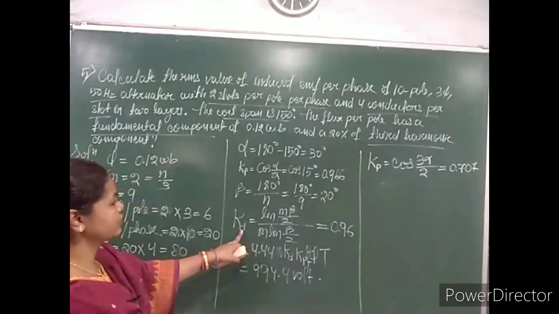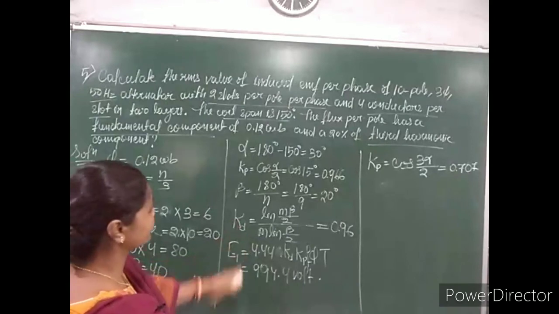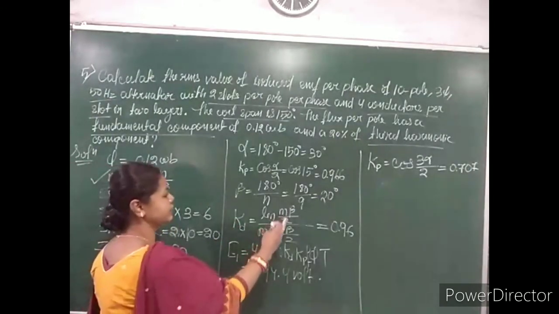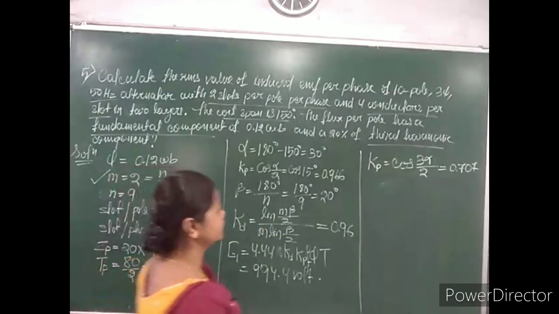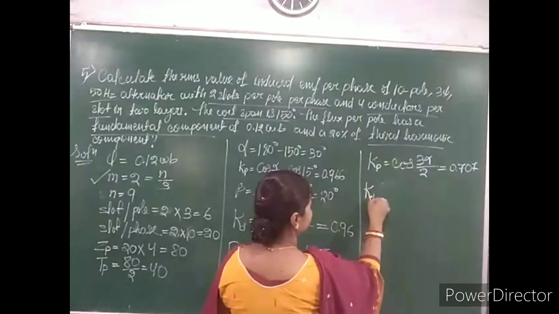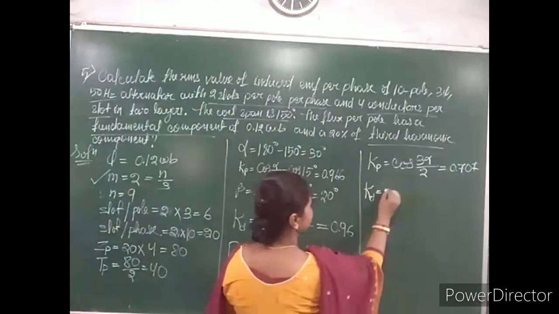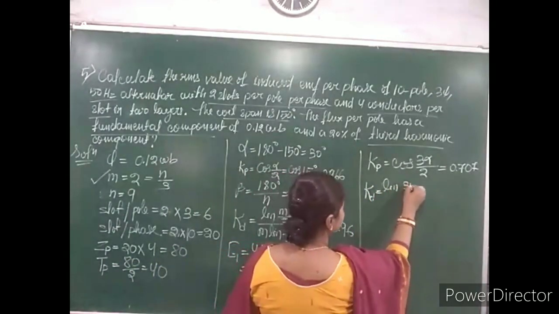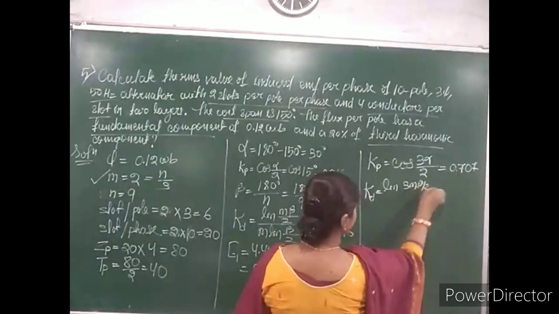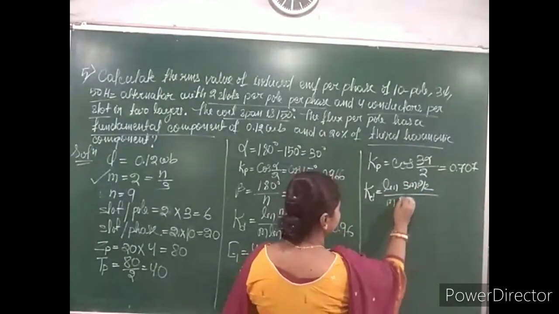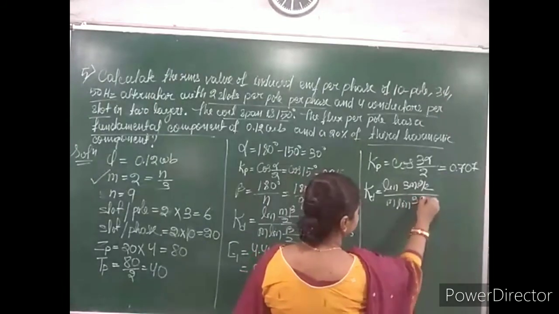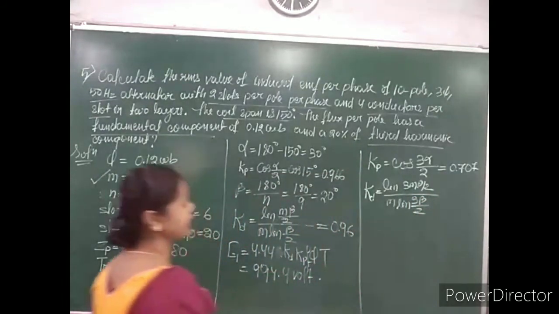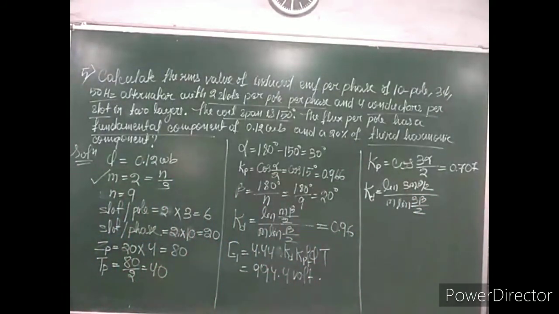Next, for distribution factor for third harmonic component, you multiply 3 with the beta angle. Kd is equal to sin 3m beta by 2 whole divided by m sin 3 beta by 2. Here m is 2 and beta is 20 degree.